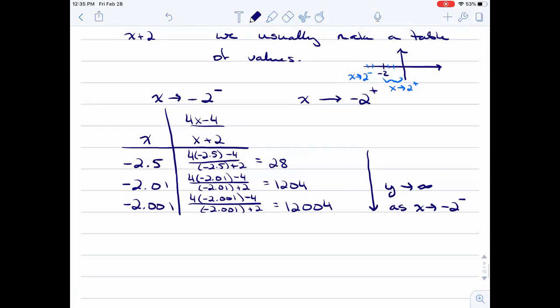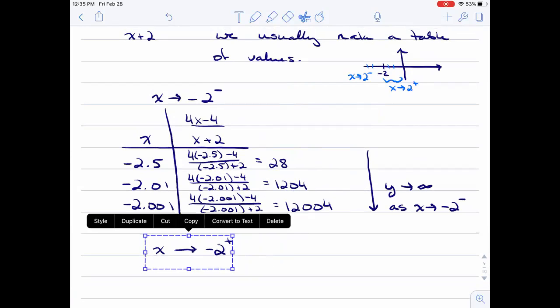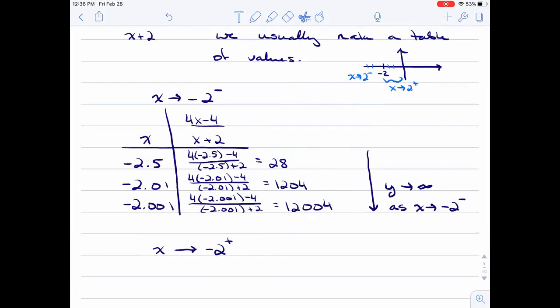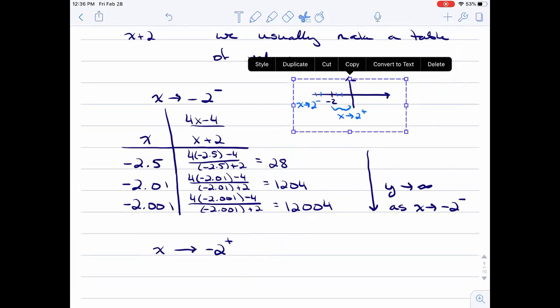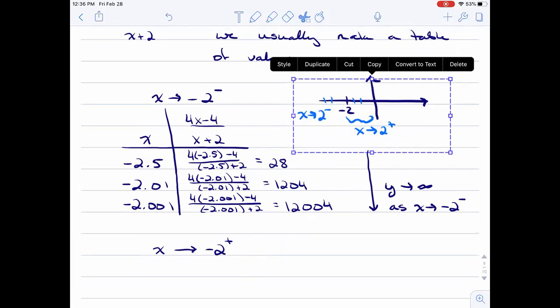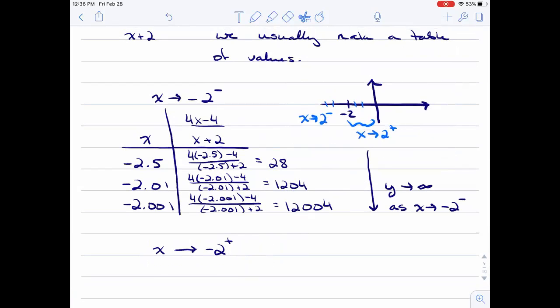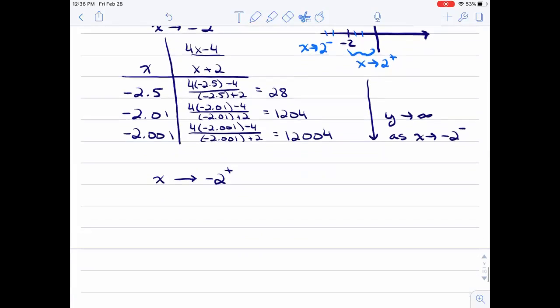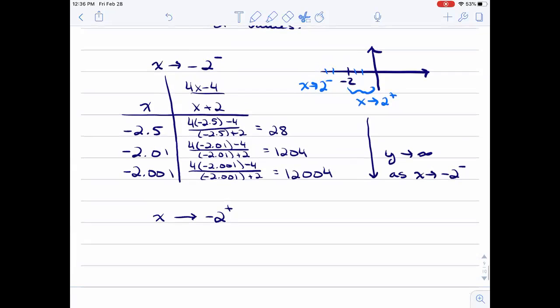I'll move this as x approaches negative 2 from the right because I still have to check it down here because I ran out of room. But also maybe I'll put this here and stretch it a little bit. So now if I'm approaching negative 2 from the right, then I'm coming in from negative 1.9, negative 1.99, right, and so on and so forth.